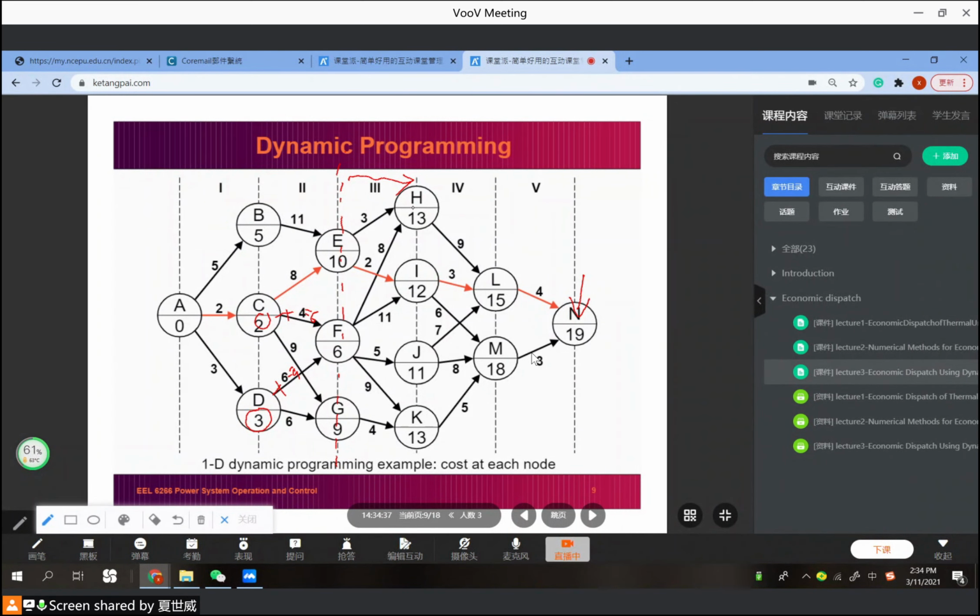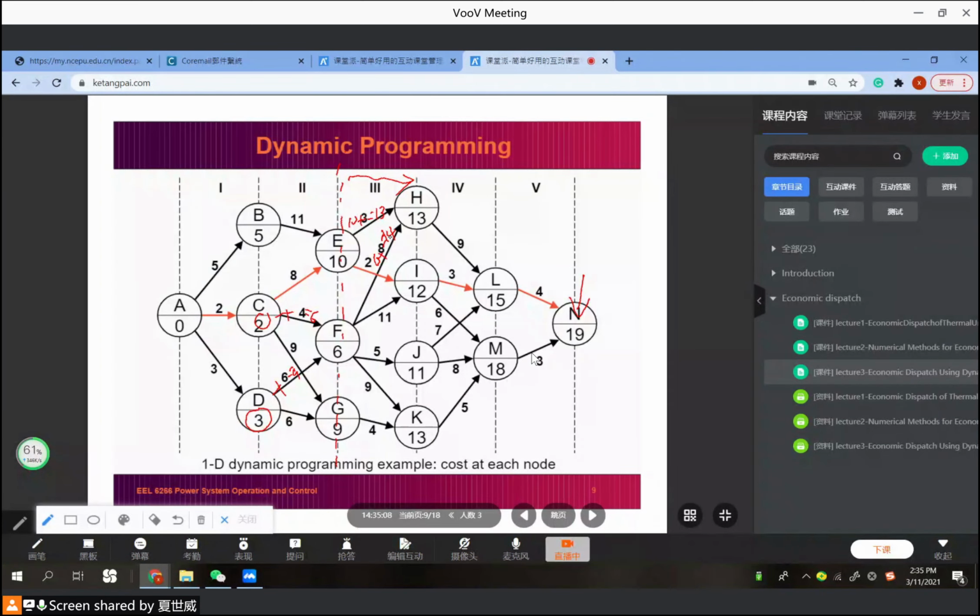If you choose from E to H, the crossing cost from E to H is 3. So the total cost will be 10 plus 3 equals 13. If you travel from F to H, because here the best cost is 6, so it will be 6 plus 8 equals 14.